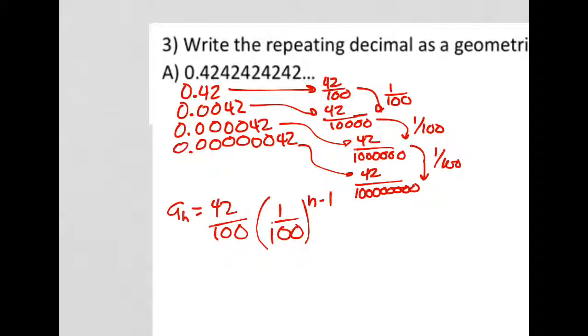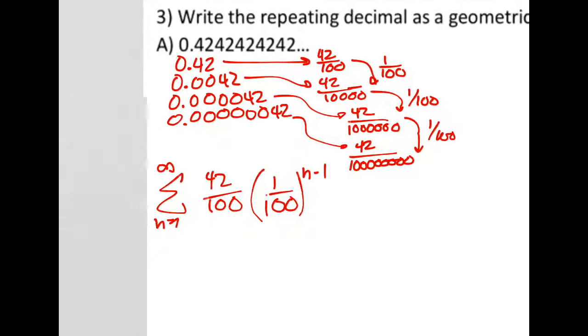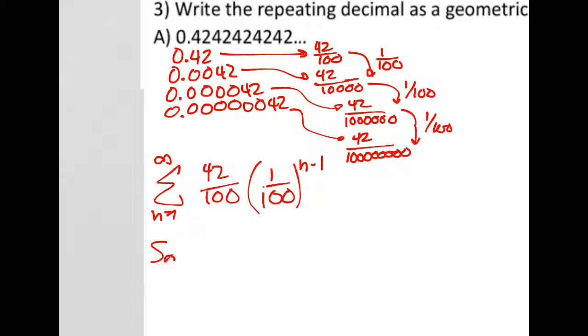And so I want to calculate the infinite series of this, so the sigma from n equals 1 up into infinity. And so to do that, my infinite sum will equal my first term, which is 42 over 100, divided by 1 minus my ratio, which is 1 over 100.